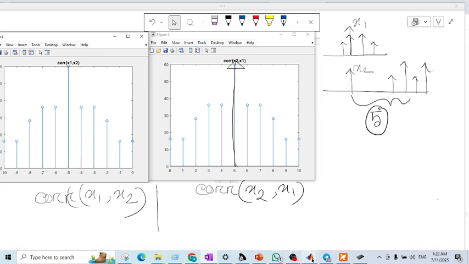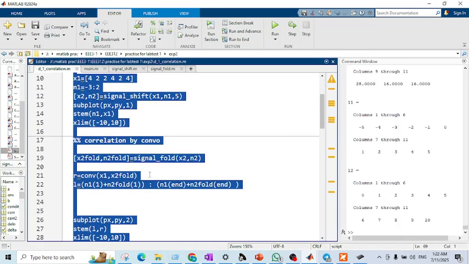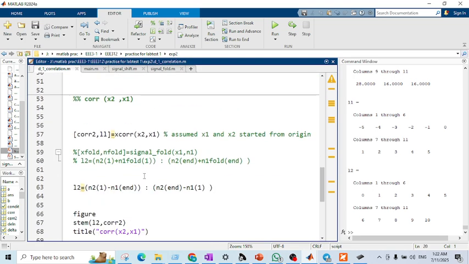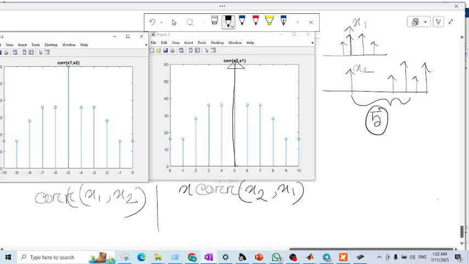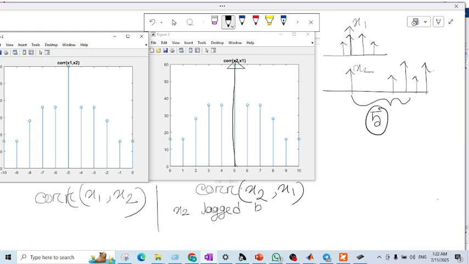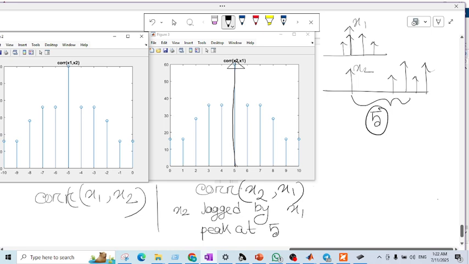For the correlation between x2 comma x1, I have to first assume that x2 is lagged by x1, and as the value is a peak at 5, yes, x2 is lagged by x1 by 5, and it's actually lagging.